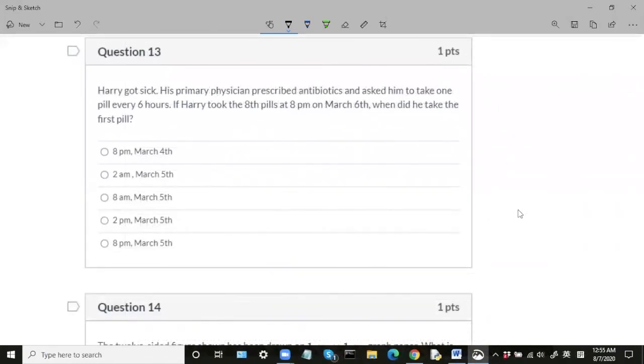Problem 13. Harry got sick. His primary physician prescribed antibiotics and asked him to take 1 pill every 6 hours. If Harry took the 8th pill at 8 p.m. on March 6th, when did he take the first pill?